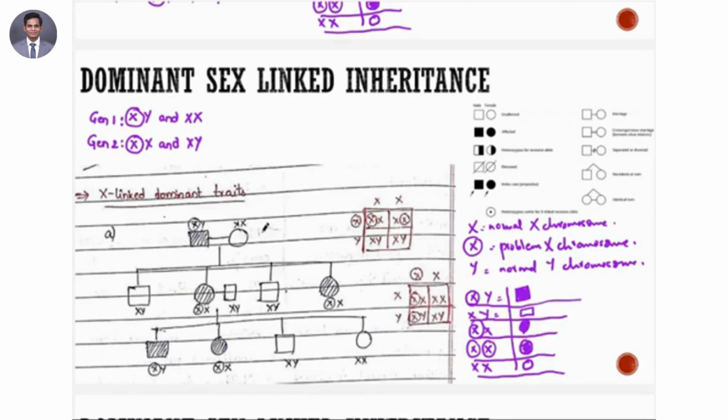Why so? Because it's just a protocol. Logically it's the same thing and the Punnett square is not going to change much. In science there are certain things that we just follow. That's the method to do it: the male on top and the female on the side.